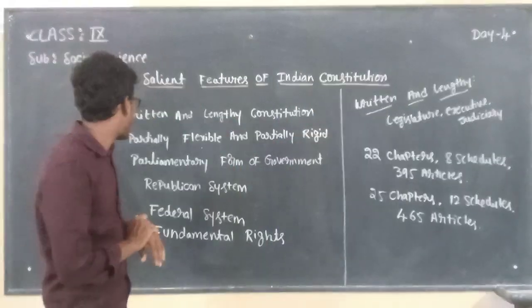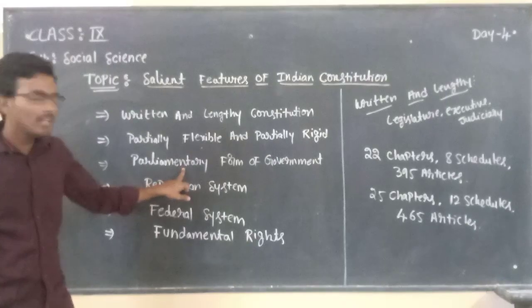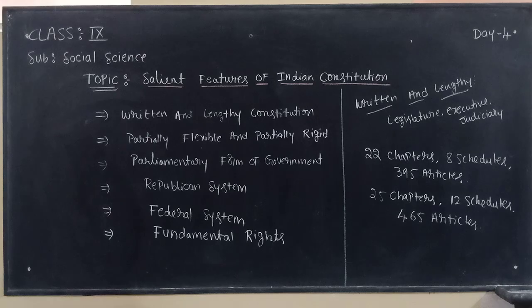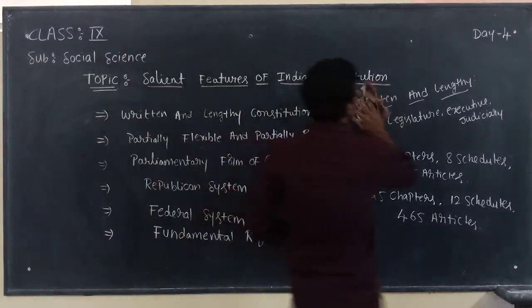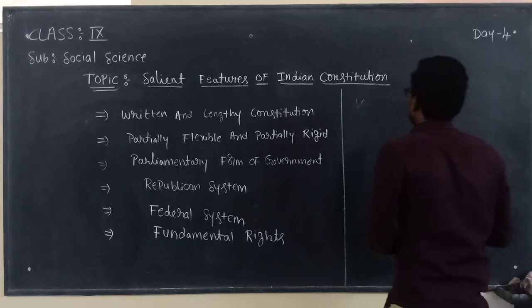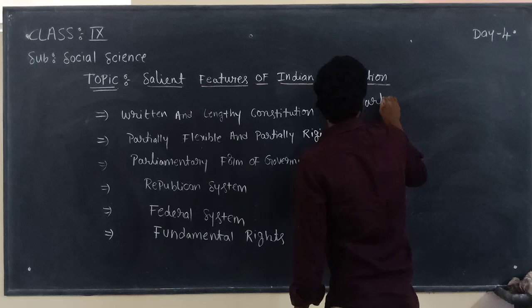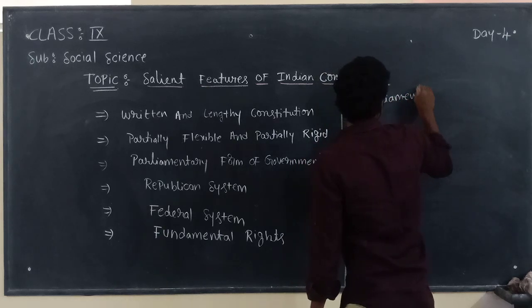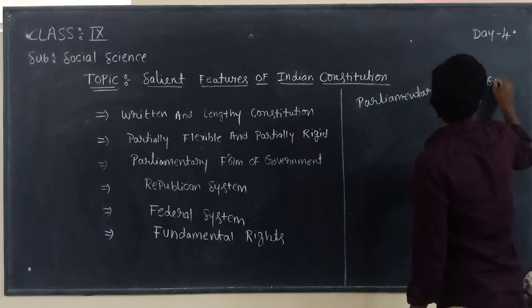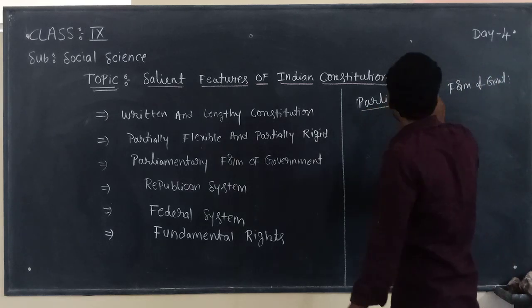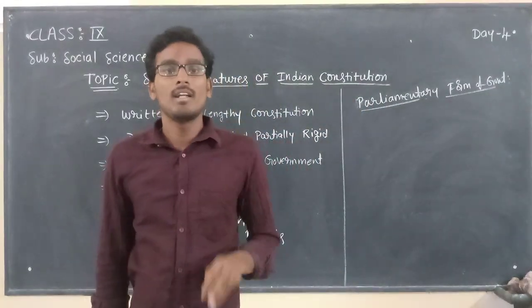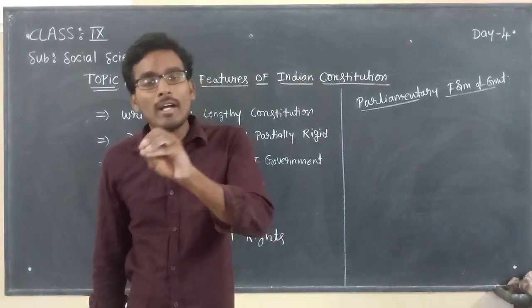Now the next characteristic: parliamentary form of government. We adopted the parliamentary form of government in our constitution. So now in India, the ultimate power is vested with the representatives elected by the people.